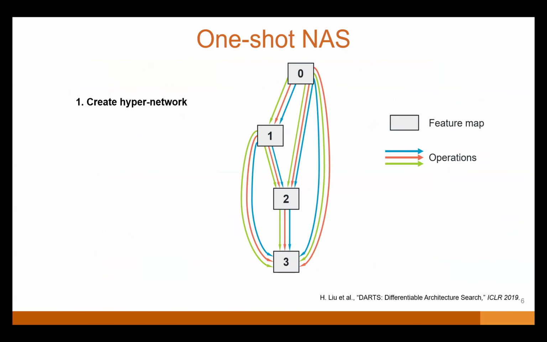One-shot NAS, okay, it's a significant evolution over multi-shot NAS, because in this case, we simply build a hyper network, which consists, as shown here, of nodes that are feature maps and edges that are different types of operations. And basically, we train only this hyper network. And during this training, we emphasize the important operations.